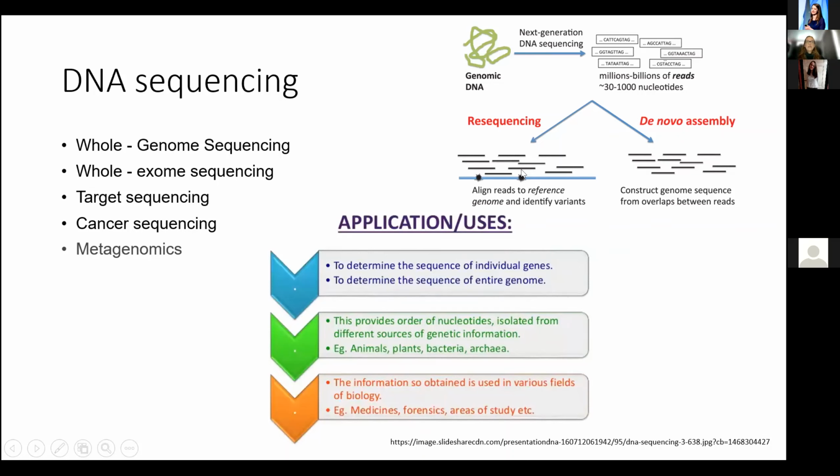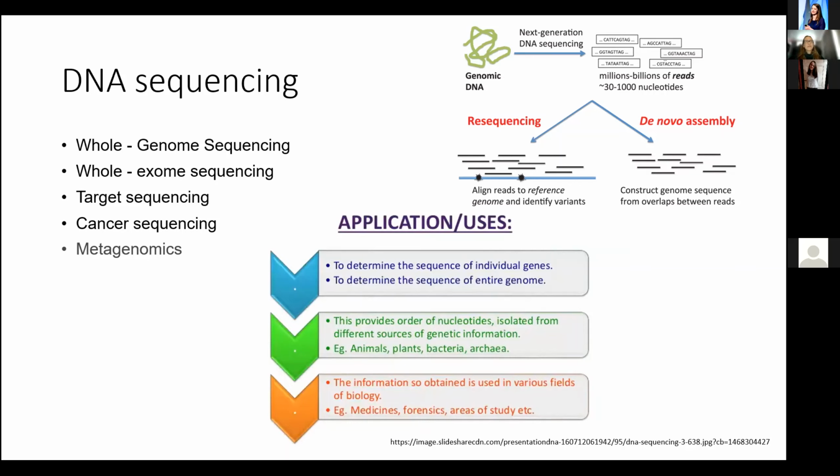In the case of de novo, reads are obtained from an unknown sequence and either assembled to reconstruct the sequence or compared directly to reads from other unknown sequences. In the case of resequencing, reads are mapped or aligned to a known reference sequence.